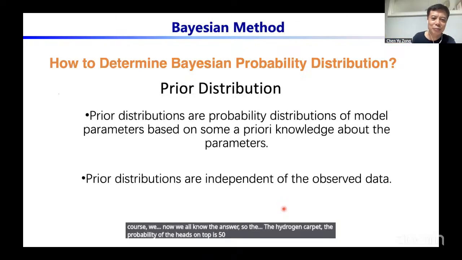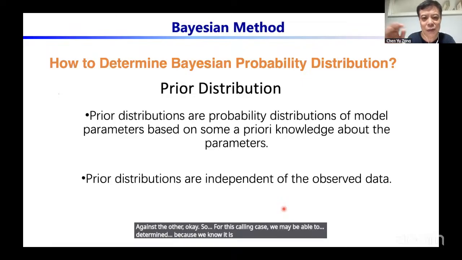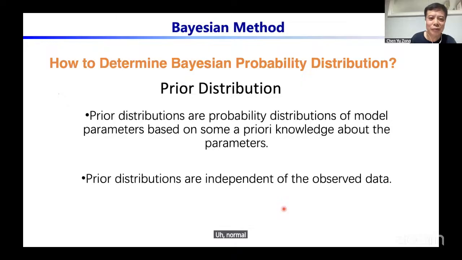It's 50% because of the so-called normal distribution pattern of the probability of one being on top against the other. So for this coin case, we may be able to determine it because we know it is even probability. So you can have this normal distribution type of function.